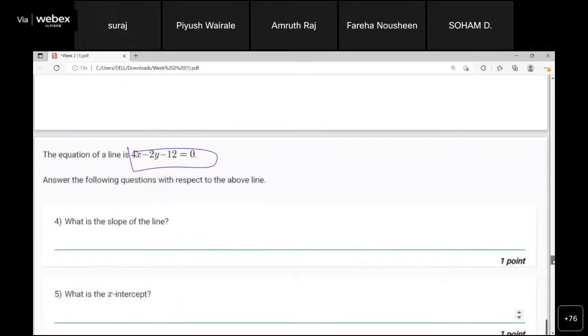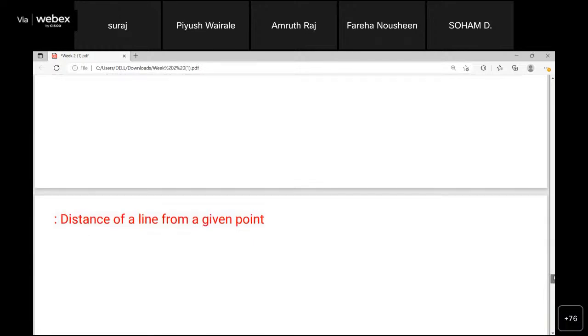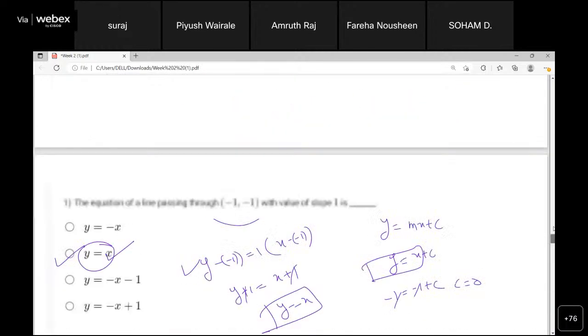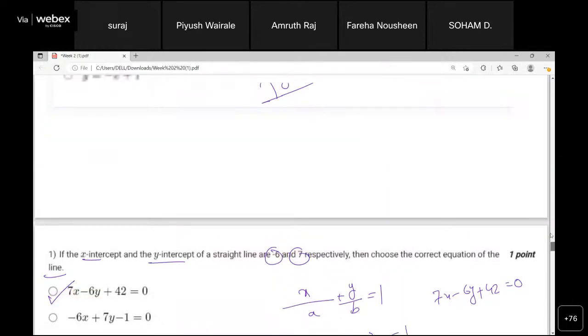So this is the equation of a line, right? Let me discuss one more thing before we discuss this. Up till now I discussed four different forms.